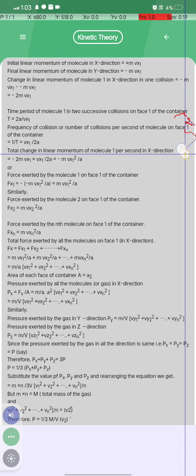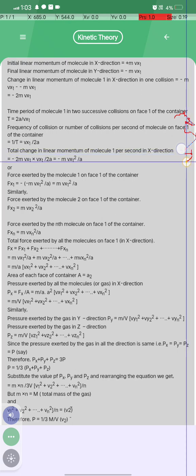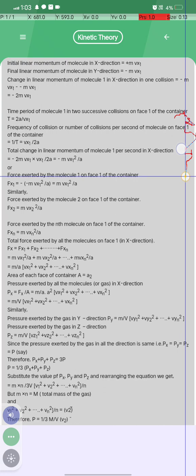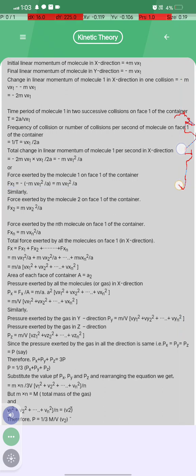The total change in linear momentum of molecule 1 per second in the x direction is equal to minus 2 mvx1 into vx1 by 2a, which is minus m vx1 square by a. So the force exerted by molecule 1 on the face of the container, fx1, is minus of minus m vx1 square by a, which is equal to m vx1 square by a.